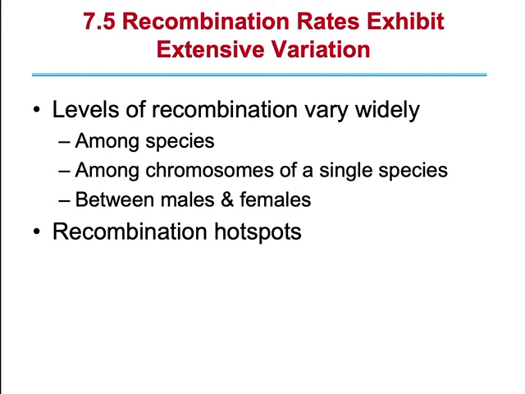Other chromosomal regions, like those near centromeres, often display reduced rates of recombination. And that may have to do with the conformation of the DNA in the centromere, okay? It being more densely packed and less likely to participate in a recombination event because it's more difficult to unwind, just as one example.